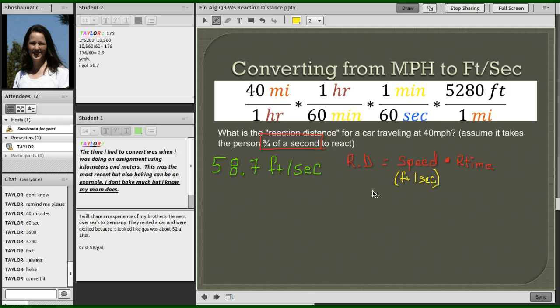Okay, so now my reaction distance equals 58.7 times what?